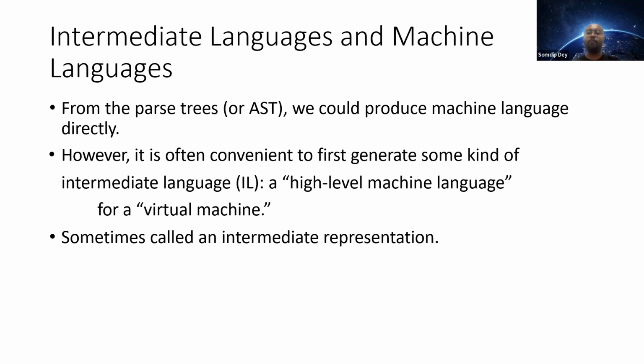So, taking a step back, from the parse tree or AST we could produce the machine language directly. However, it is often convenient to first generate some form of intermediate language representation, or IL or IR, which is basically a high-level machine language for a virtual machine. Again, as you already know, it's also called intermediate representation, or IR.